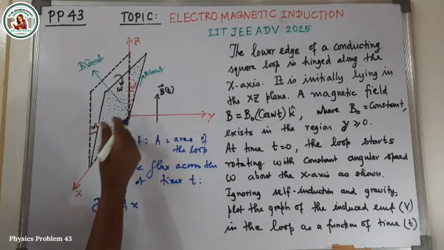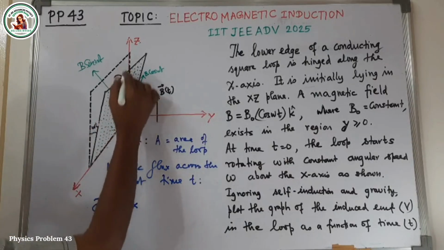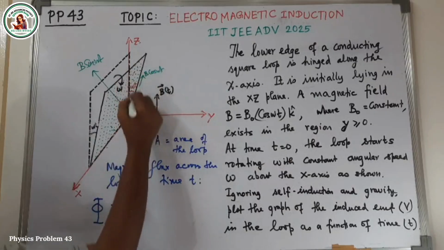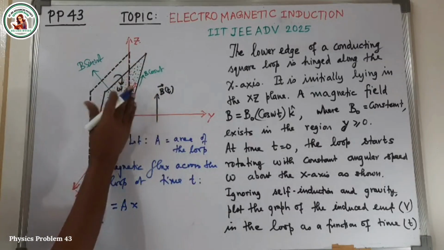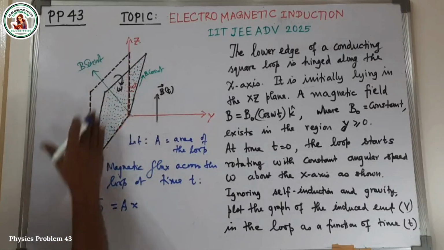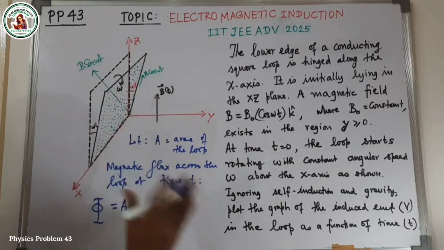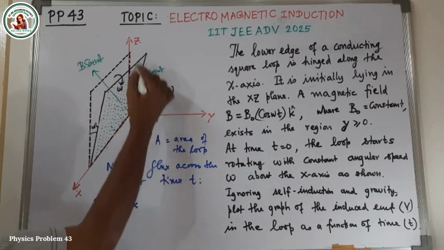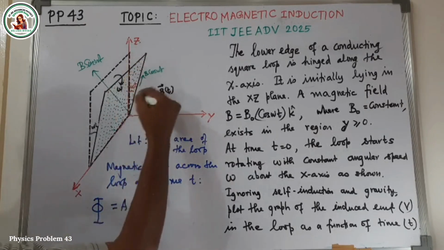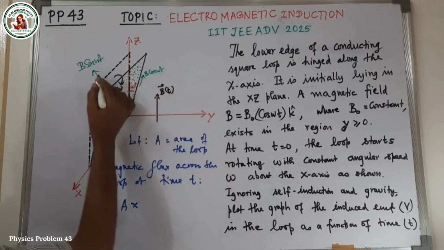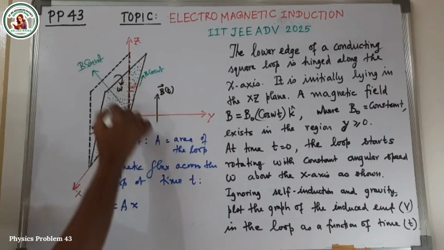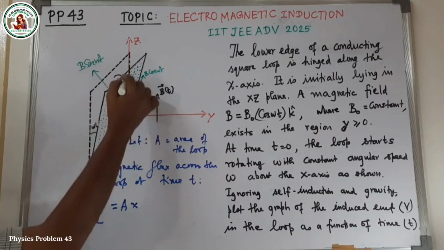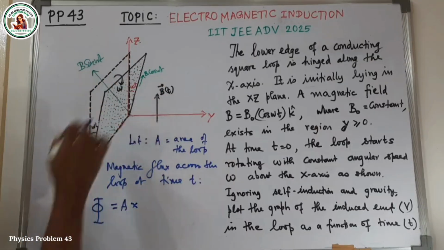Normal to the loop means this B direction is this. B cos omega t parallel to the loop does not produce any flux. Only the normal component, B sin omega t, normal to this loop produces the flux.